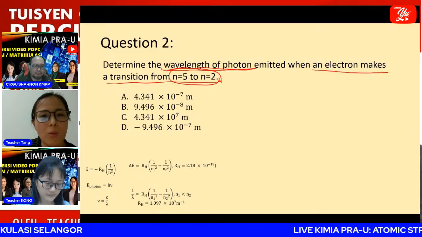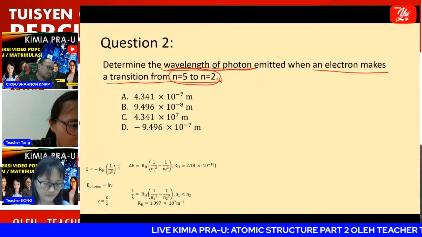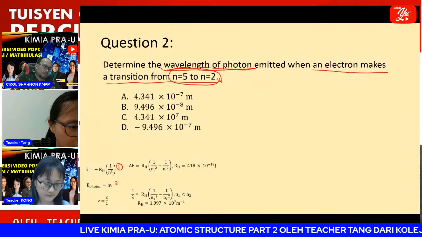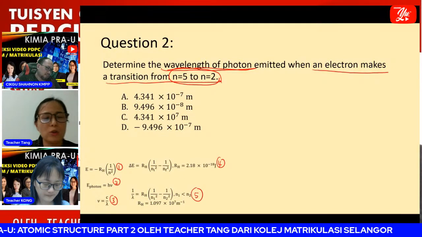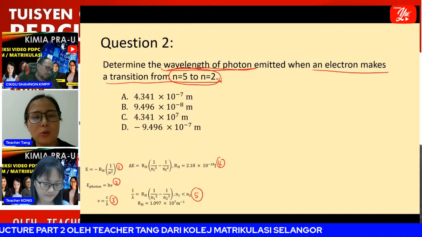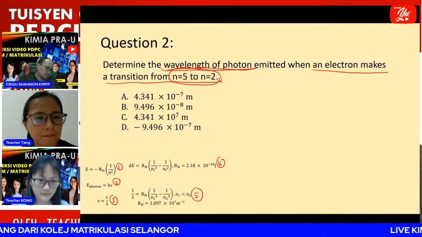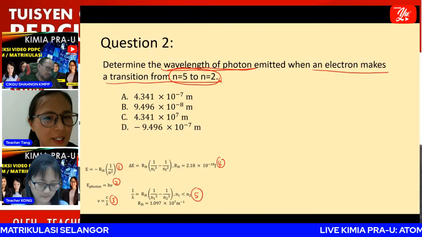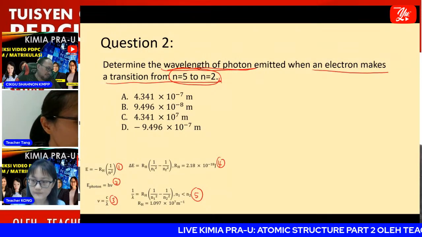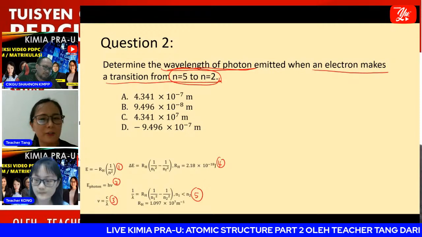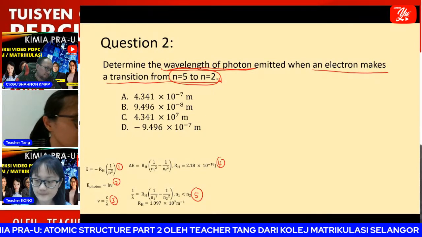We have 5 formulas. Which formula should we use to determine the wavelength of the photon? Then calculate the wavelength of the photon. I give you maybe 30 seconds.